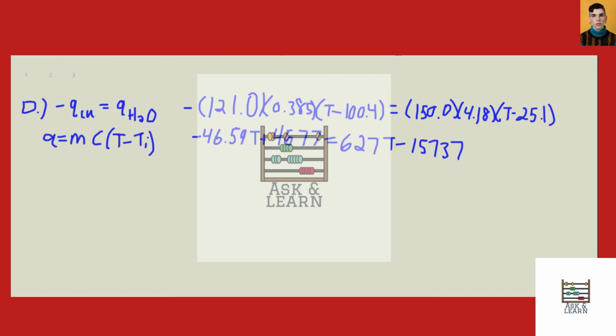So now we're going to be doing some algebra. We're going to have both our T's on one side and both our constants on the other. So add 15,737 to the left and add 46.59 to the right.